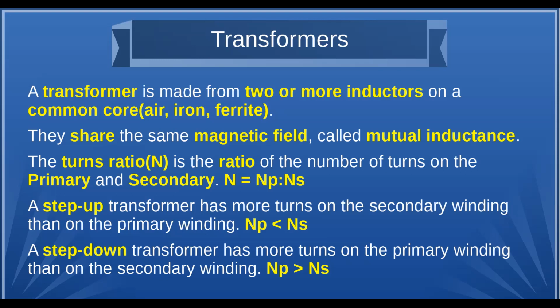If it was a step-down transformer, I have more turns on the primary than I do on the secondary. So the voltage is going to be proportional to the ratio of the turns. So if I had half as many turns on the secondary, the voltage I get out would be half of what was on the primary. Likewise, if I had twice as many, I'm going to get double the voltage out.